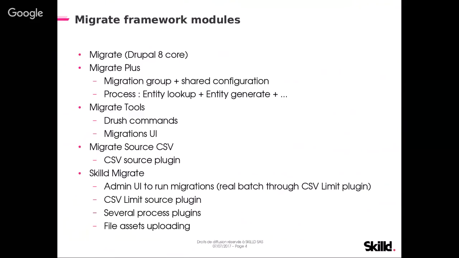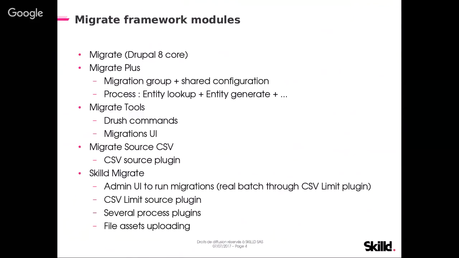The second contrib module we will be using is Migrate Tools, which provides Drush commands to run migrations and administer them: seeing their status, running imports, running rollbacks, and doing all the other things with migrations. What is good about utilizing migrations is that they provide many tools that are ready for you to use.